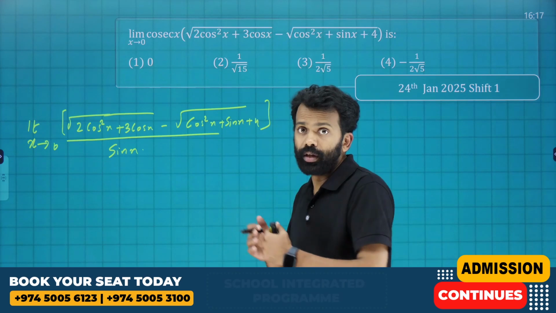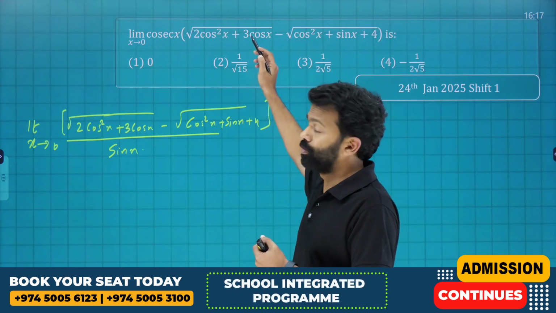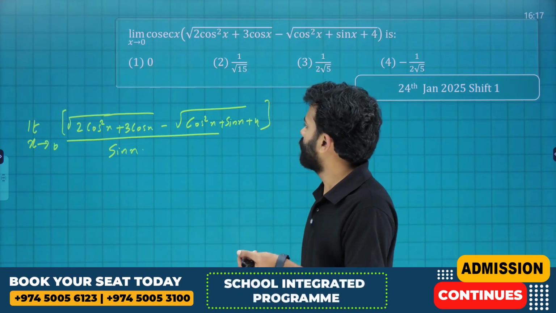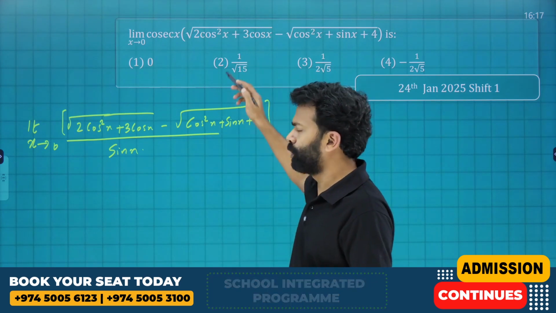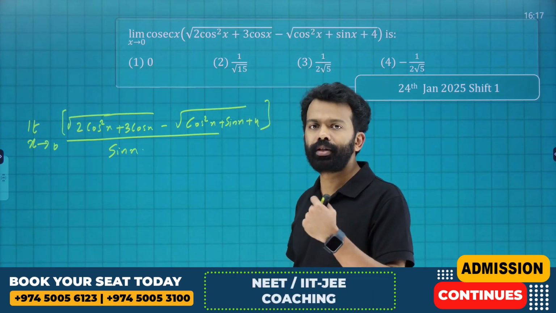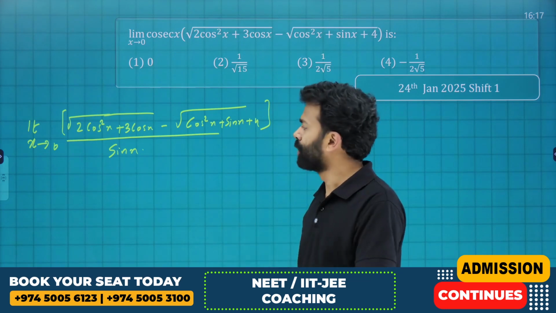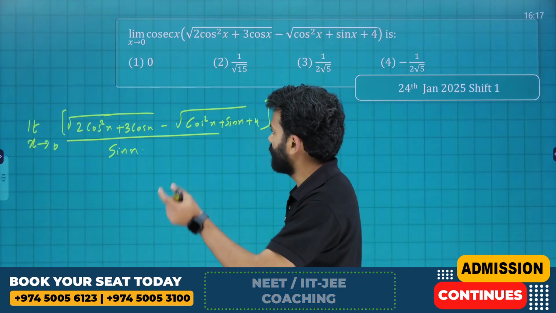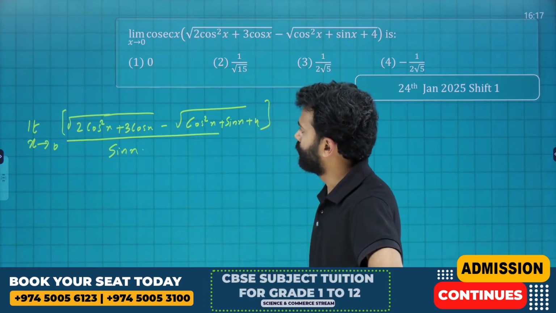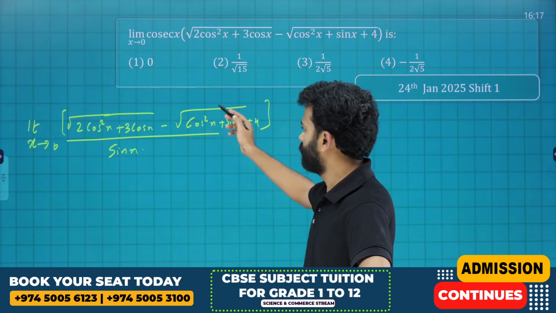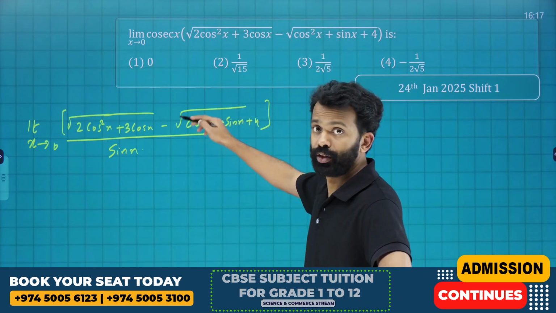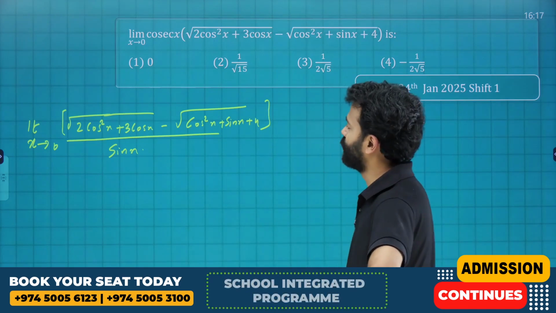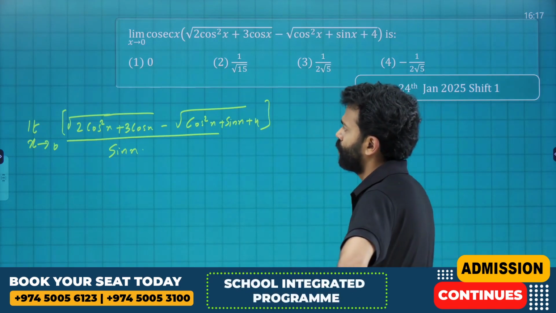According to the expression, that is the function which is expressed, here the function is expressed in terms of root. So in most of the cases it will be better if you apply the rationalization technique here. Rationalization means we need to rationalize the numerator. That means we multiply the numerator with the conjugate of the numerator, and the denominator with the conjugate of the numerator as well.